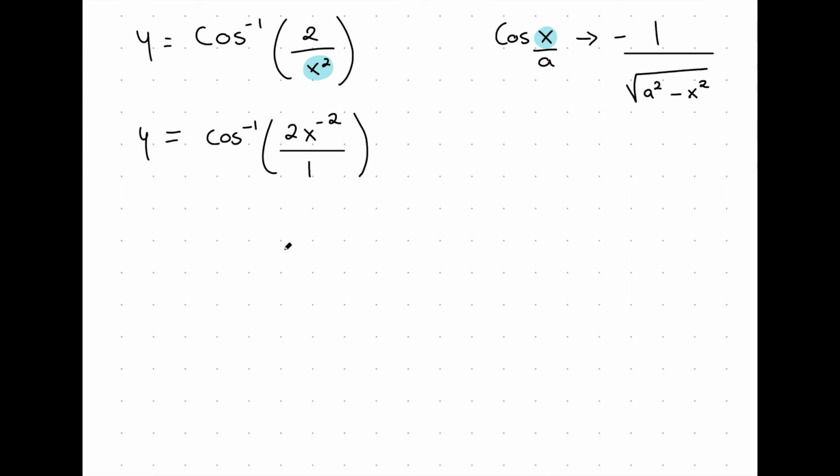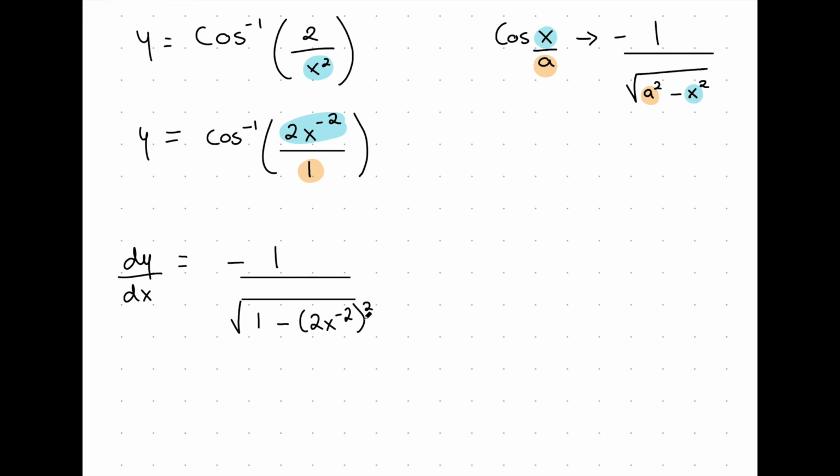Now I have to identify my x and my a. So my x is all of this part and my a is what's on the bottom, which is 1. And I'm just going to fill in to the formula as I see it in the log tables. So it tells me that dy dx is going to go to minus 1 all over the square root of a squared, which is 1, minus x squared, which is 2x to the minus 2, all squared.